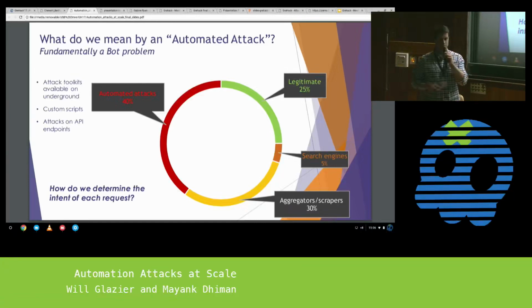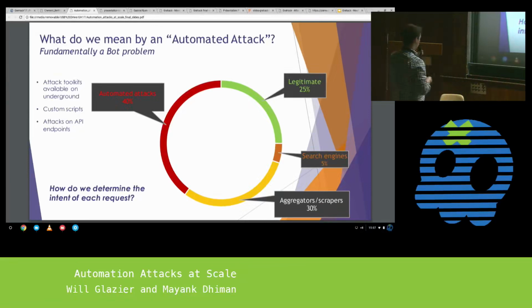Also aggregators, scrapers, those of you who use products like Mint. I don't know how popular that is around here, but like places that'll aggregate all your financial data so that you can see it in one place, any of your rewards points. We see a lot of that, and that's behavior and traffic on sites that sometimes network admins don't want, and they find it takes up resources, takes up bandwidth.